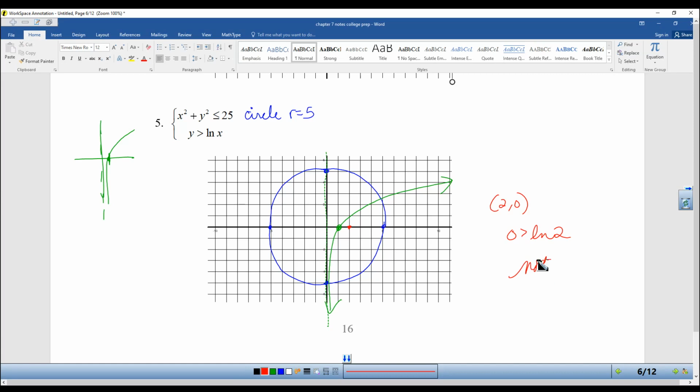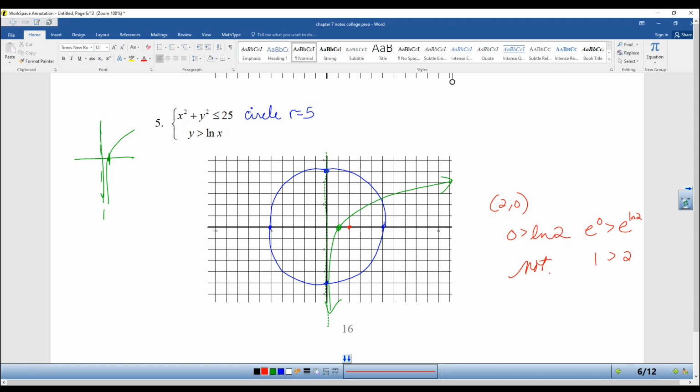It is not. And you could check natural log of 2 on your calculator, but if you're thinking, I don't know how to do that, then you could e both sides. e to the 0 is greater than e to the natural log of 2. Anything to the 0 power is 1. Is 1 greater than 2? But maybe you just know that natural log of 2 is going to come out to be an actual number.